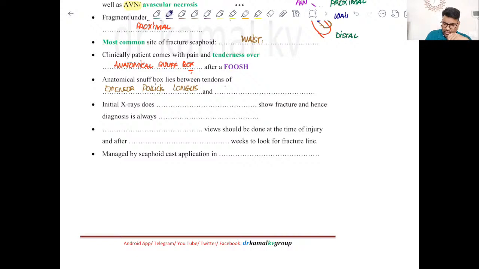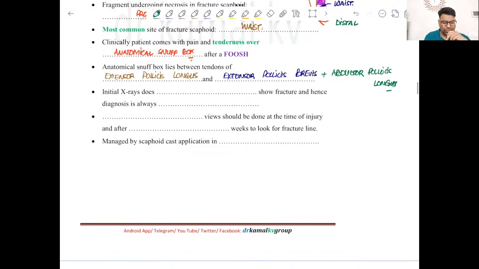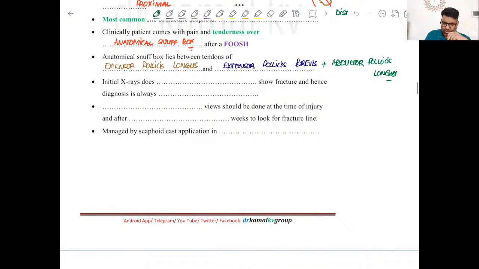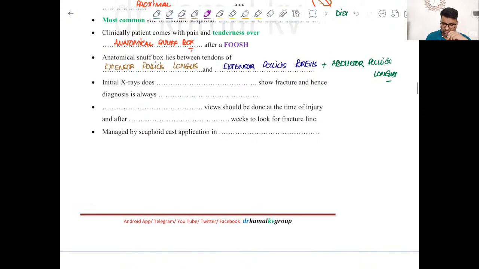And on the other side there is extensor pollicis brevis and abductor pollicis longus. Clear? So yes, Shanawaz bhai, you are absolutely right. So these are the limits of the anatomical snuff box.